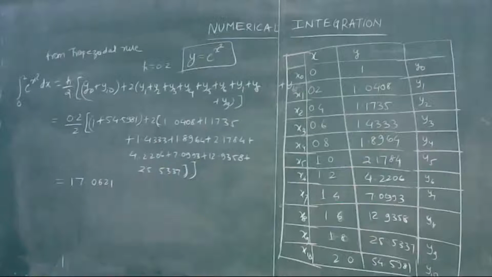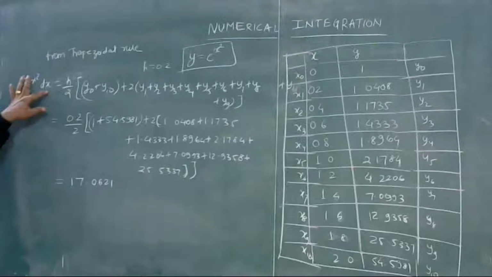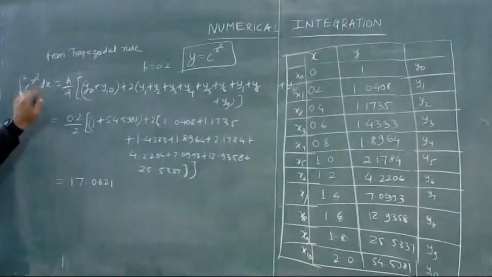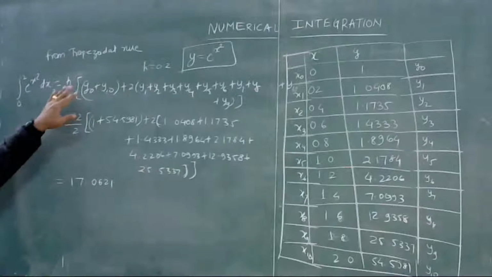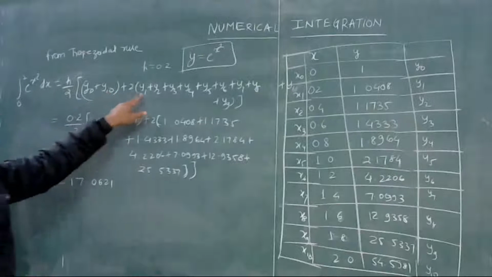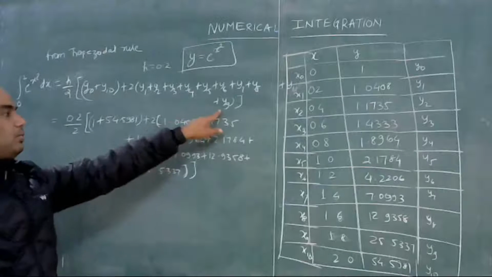Okay. So this is a very simple method for finding the integration of any expression. So we have to find the value of the integration from 0 to 2 of e to the power x square dx using trapezoidal rule. So you have to remember this formula: h upon 2 times y0 plus y10, plus 2 times y1, y2, y3 and up to y9.